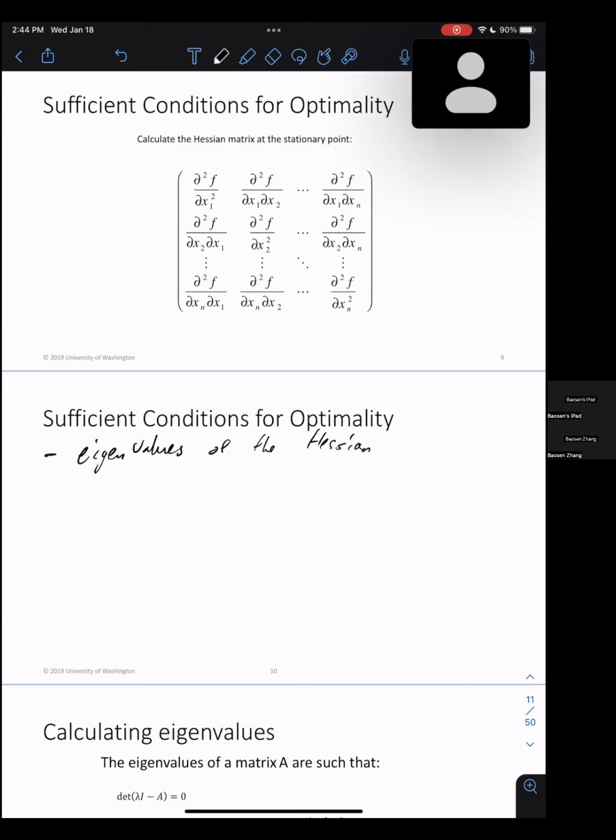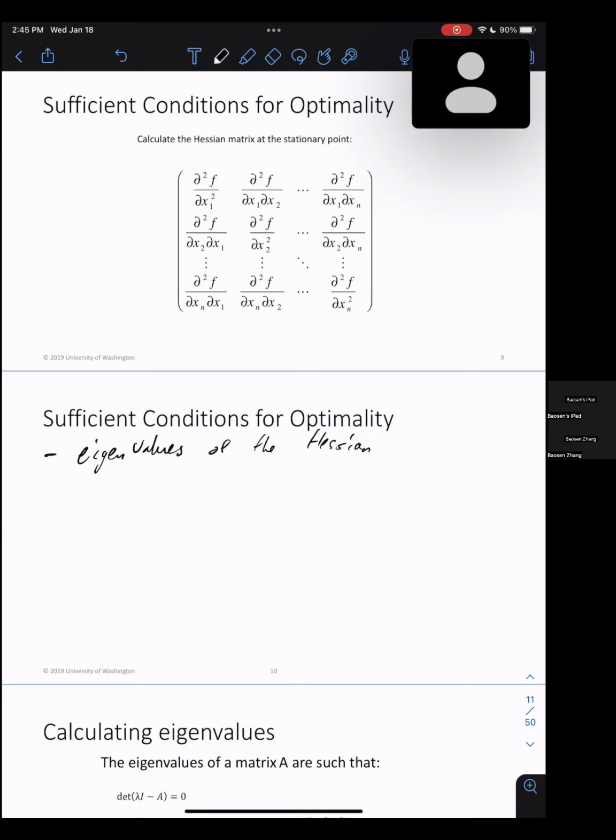Is it an easy problem? Is it a hard problem? Is it very costly? How long would you take to compute eigenvalues of a large matrix? Is that fast or is that slow? Okay, so it's actually quite slow to compute eigenvalues of a large matrix. It's not incredibly fast. Eigenvalues are not trivial computations.